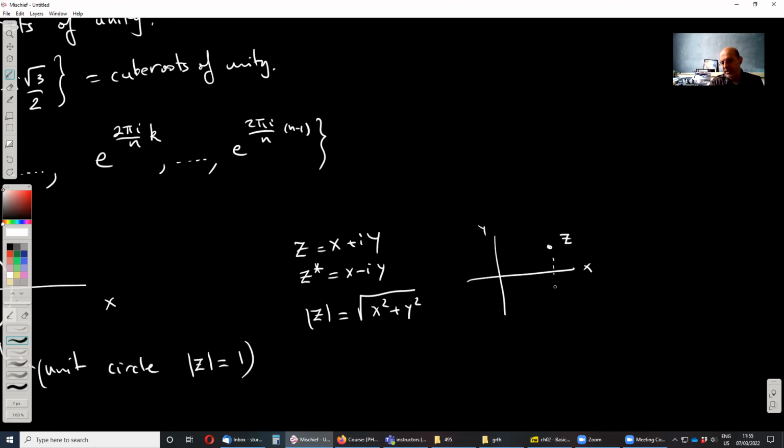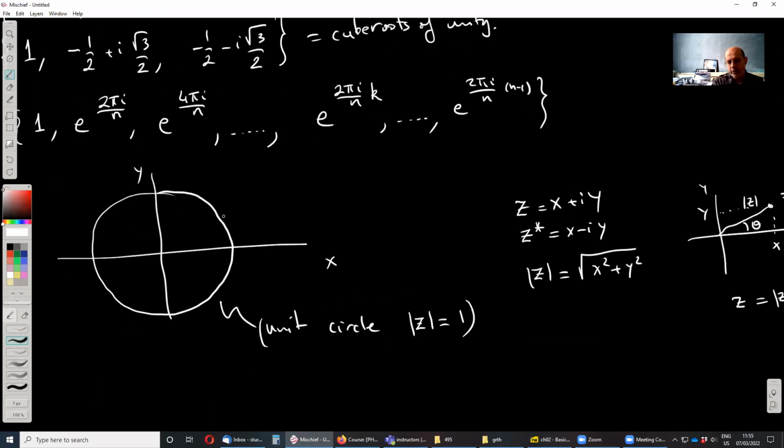This is the complex number z, that's the real part, and that's the imaginary part. So this is the modulus, and that's the angle theta. And we usually write the complex number as its modulus multiplied with the exponential of i times theta. So we use this kind of representation in here. In any case, the unit circle is basically the set of complex numbers where the modulus is equal to 1.